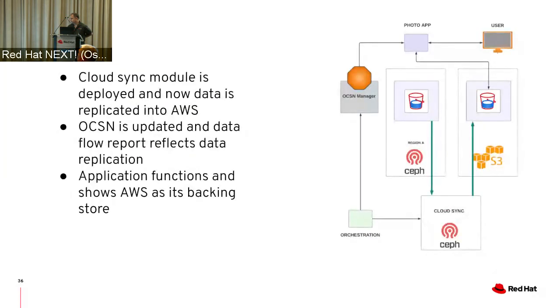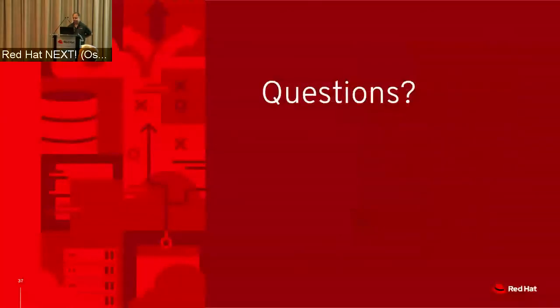The Cloud Sync module, once it started, the orchestration notified the OCSN manager about the new status. Of course, the data only flows from RGW to AWS in this case, but the photo application can now function correctly as long as it stays on AWS. Right, that was the demo. That was the presentation. Any questions?